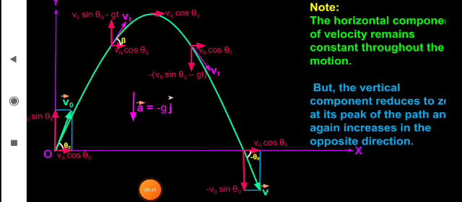Now you can observe the direction of the object thrown. The object is thrown into the space, and after some time it comes back to the ground. Here we can observe the components initially v naught cos theta naught and v naught sin theta naught.